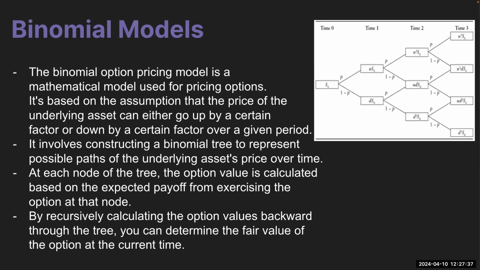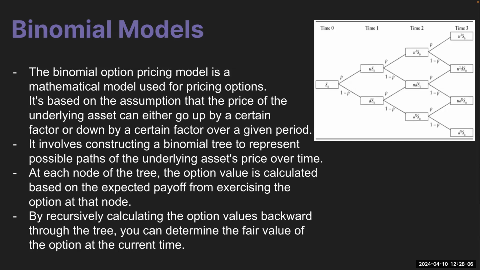Then you would use that up and down probability to calculate the risk neutral probability for the tree. And when you reach time 3 in this tree, for example, you would calculate the payoff for the option depending on whether it was a call or a put. So this is all an imaginary scenario built upon what you think would be the up or down probability for a given stock.